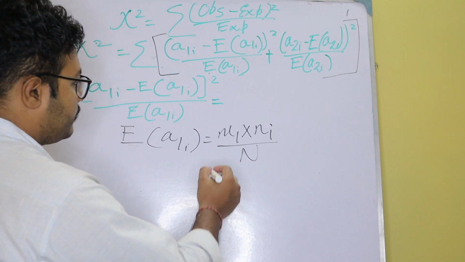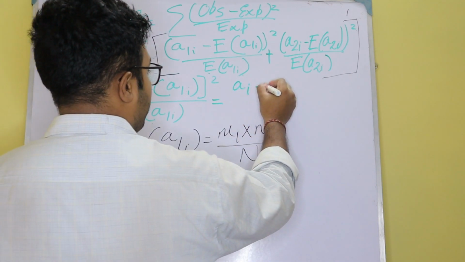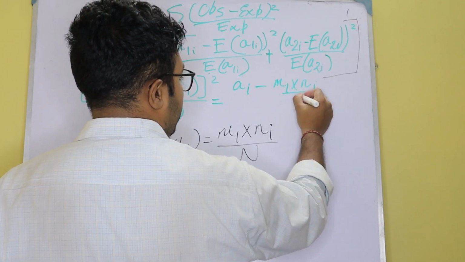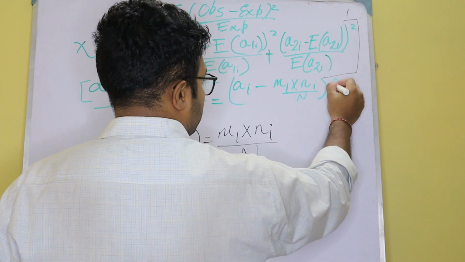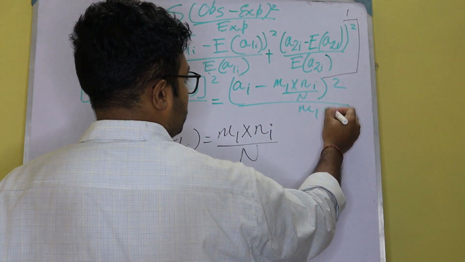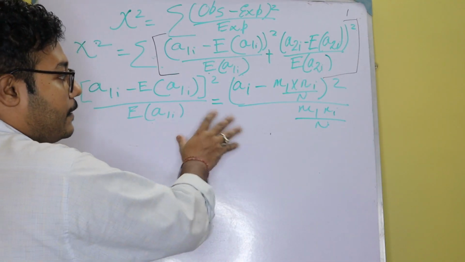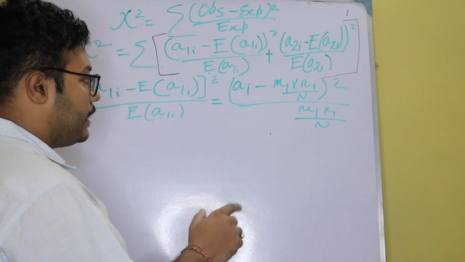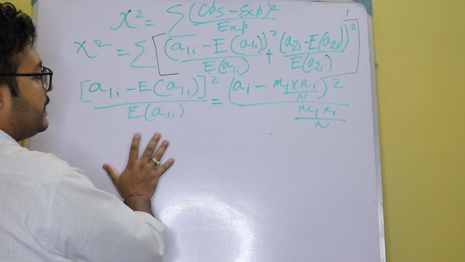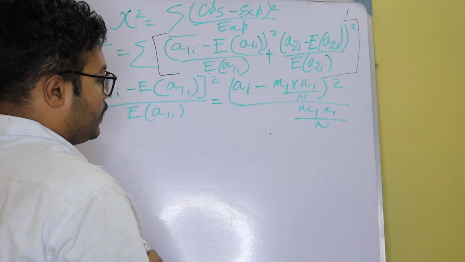Now, if I put these values here, (Ai minus M1 into Ni by N) whole square divided by M1 Ni into N. I have rubbed this part because it will create confusion, because you will think that this part is a part of this expression. I have just expanded this expression. I have just put the values of E of A1i here.